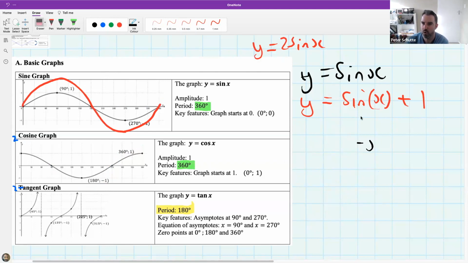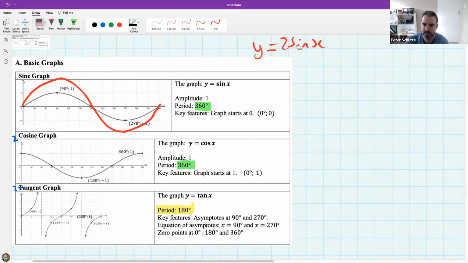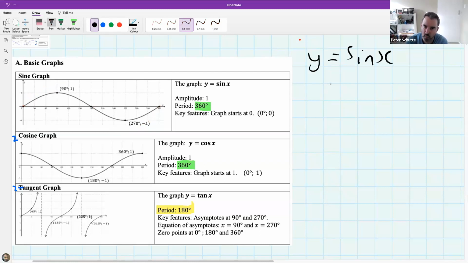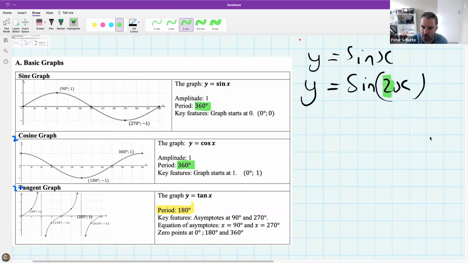Then also, what would happen if, let's stay with sine for now, I've got my basic sine graph. What would happen if I change that to y equals sine 2x? What type of change does the 2 make?